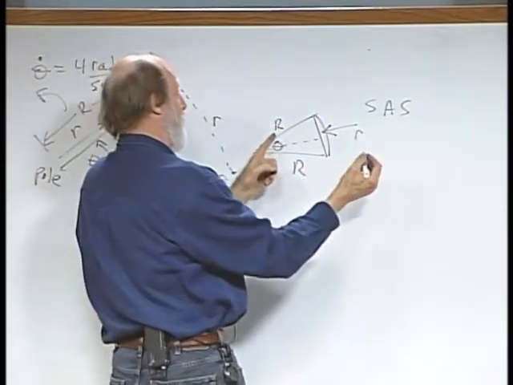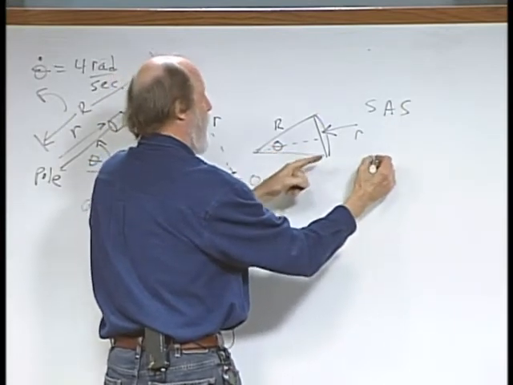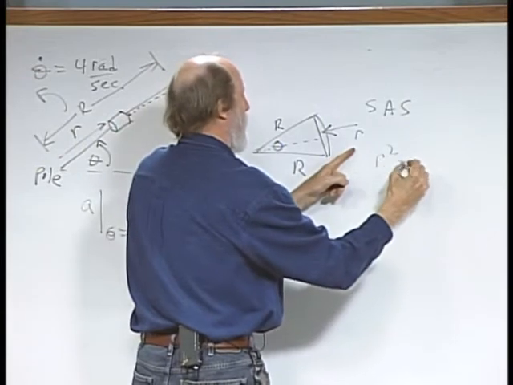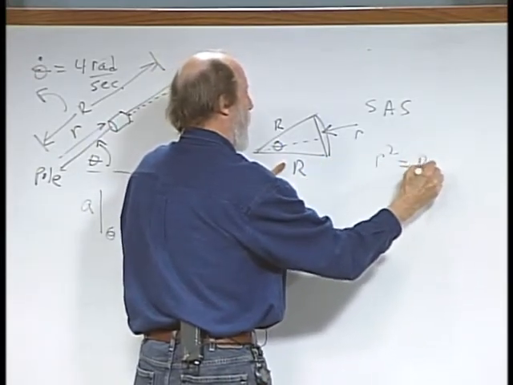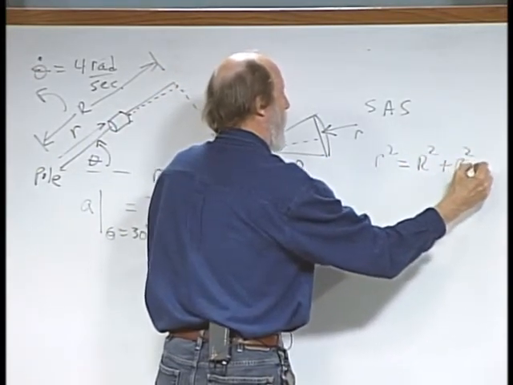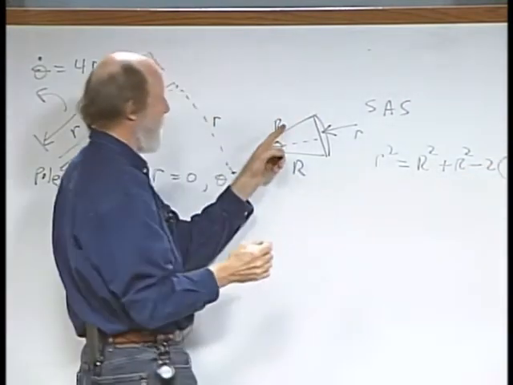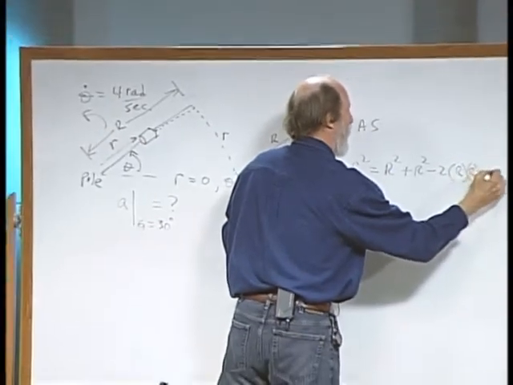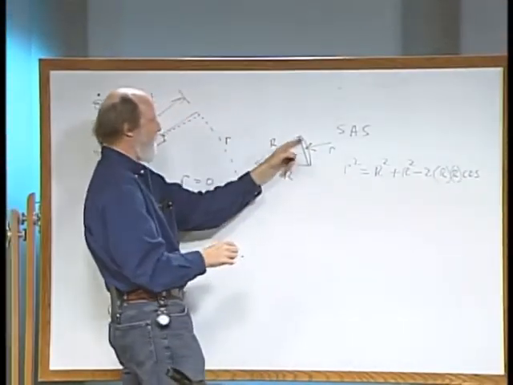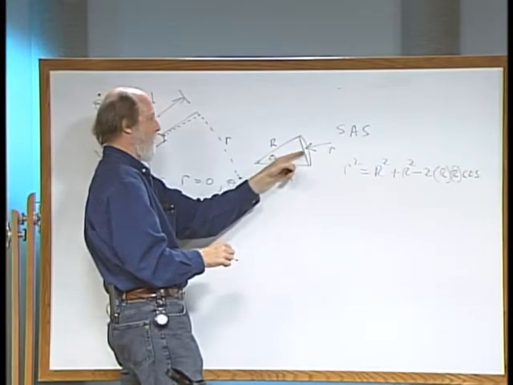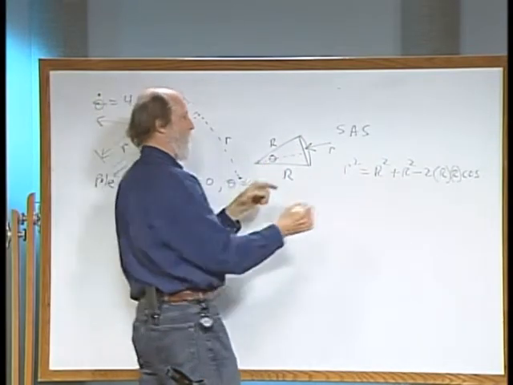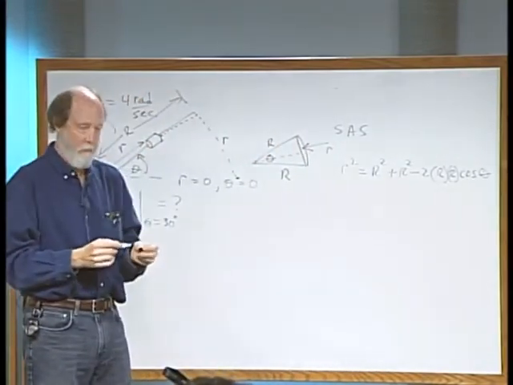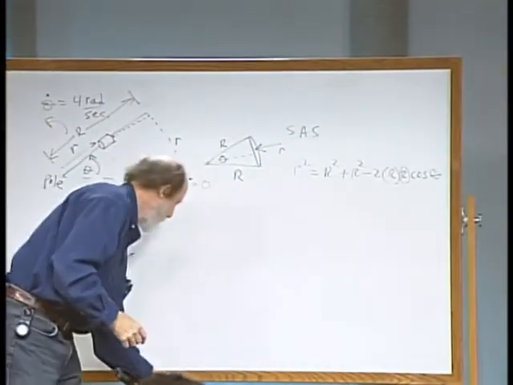So if we set this up, we write the law of cosines on this: little r squared is equal to capital R squared plus capital R squared minus 2 times these other two side lengths times the cosine of the angle opposite the side we're interested in, which happens to be this angle theta. I'm going to get a better marker.